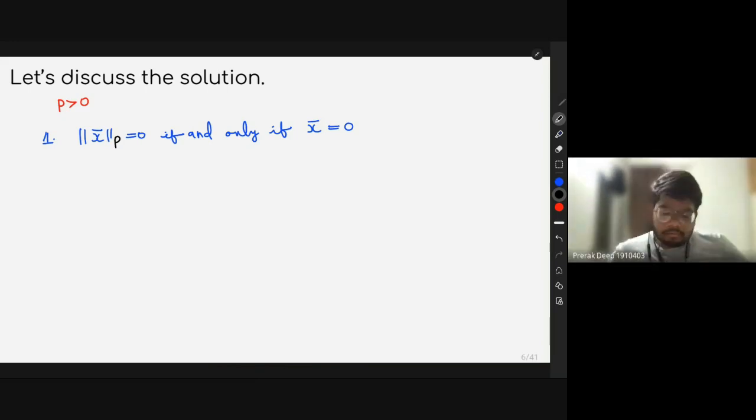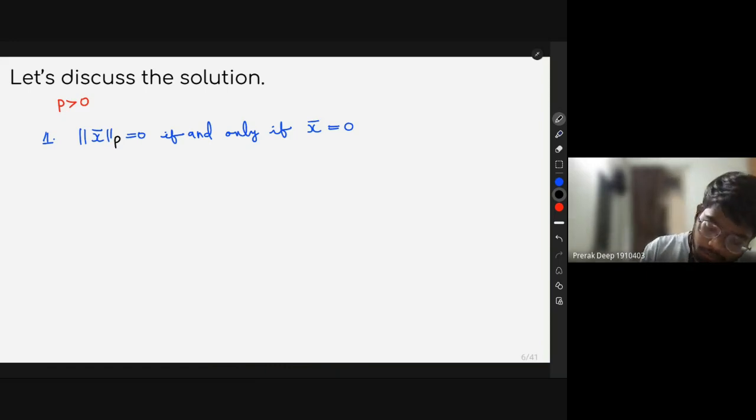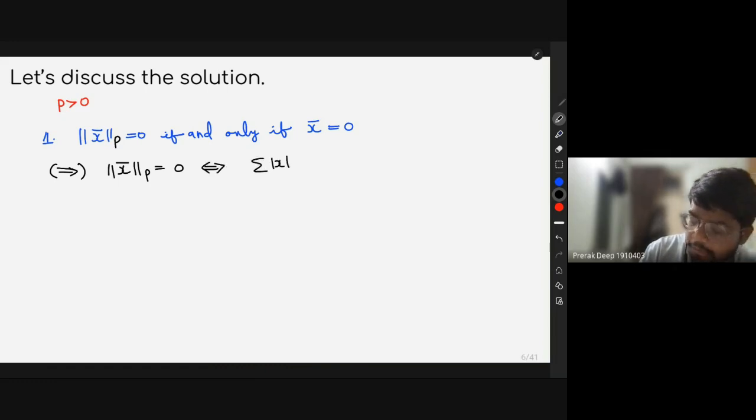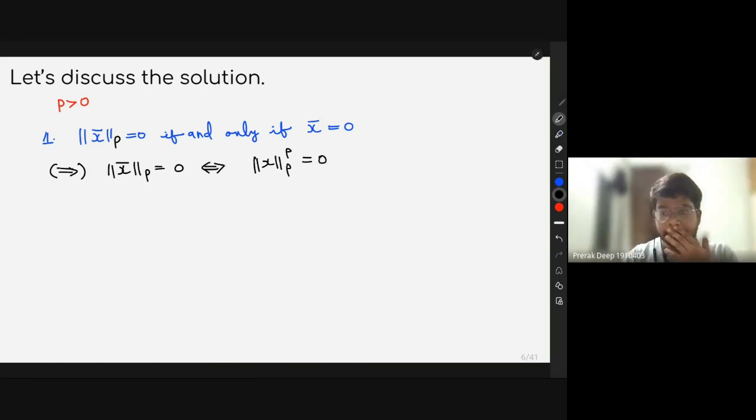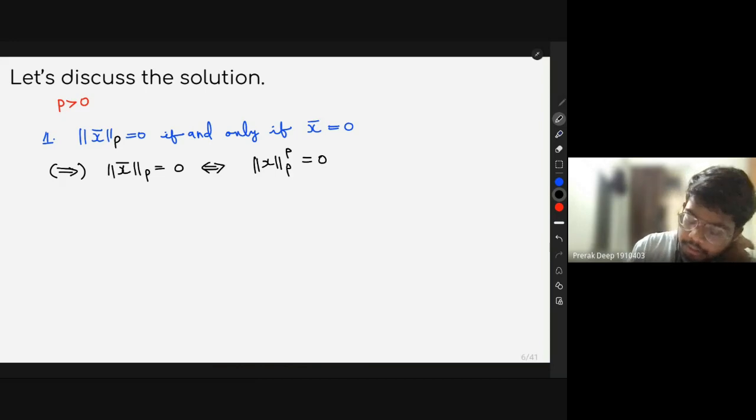So if I start with the norm of x being zero, then this implies that the summation of some positive quantity is zero. So it is equivalent to say that the norm to the power p is also equal to zero, because 0 to the power anything is 0. Okay, so I am safe to say this as well.